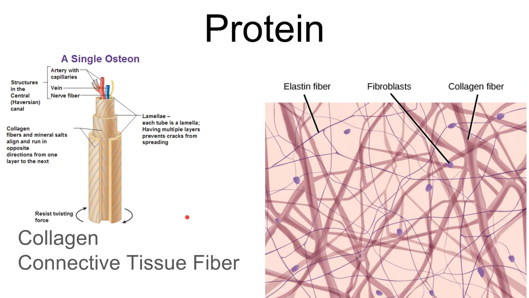Our final type of protein, which we don't focus on with our whole HEMPA thing, is connective tissue fiber. The reason I bring this up, even though we talk about it more with anatomy, is that collagen protein is the most common protein within the human body.